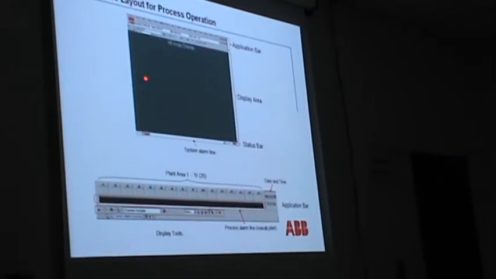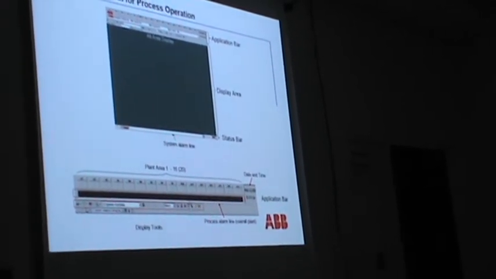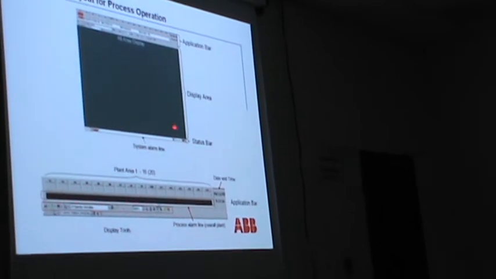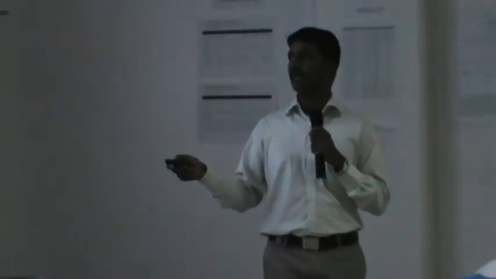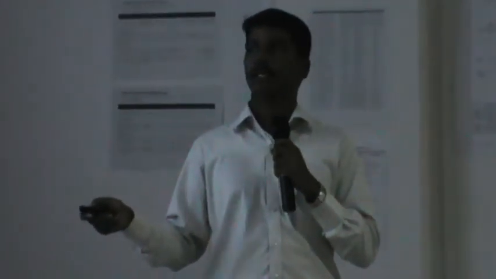These are all the tools we have here. And the area display will show you the graphics. All the graphics will be here. And the status bar will be used for engineering, which the engineers have to monitor. If you get any alarm from here, then this is an engineer's alarm.